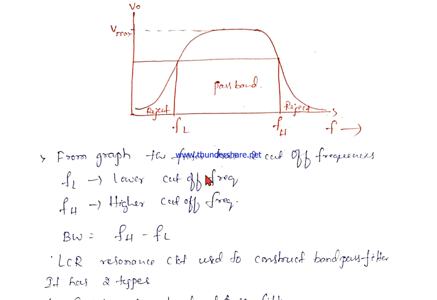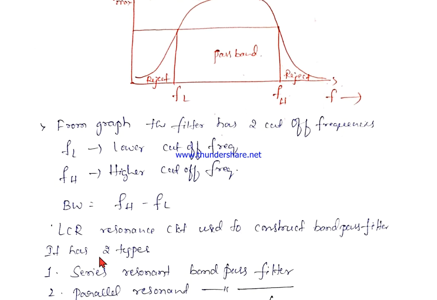From the graph we can observe two cutoff frequencies: the lower cutoff frequency, represented by Fl, and the higher cutoff frequency, represented by Fh. So the bandwidth is equal to the difference between the higher cutoff frequency and the lower cutoff frequency. That means BW, bandwidth, is equal to Fh minus Fl.